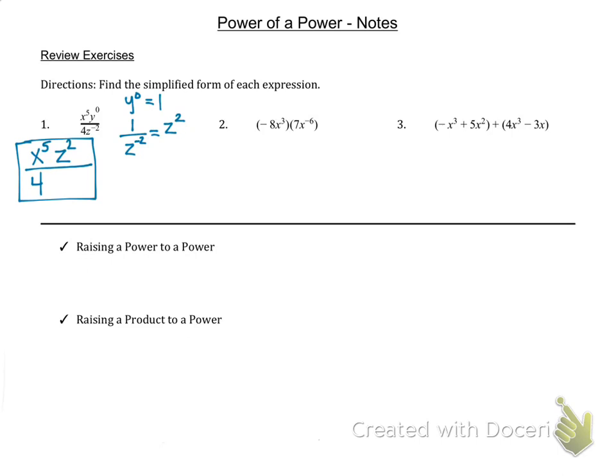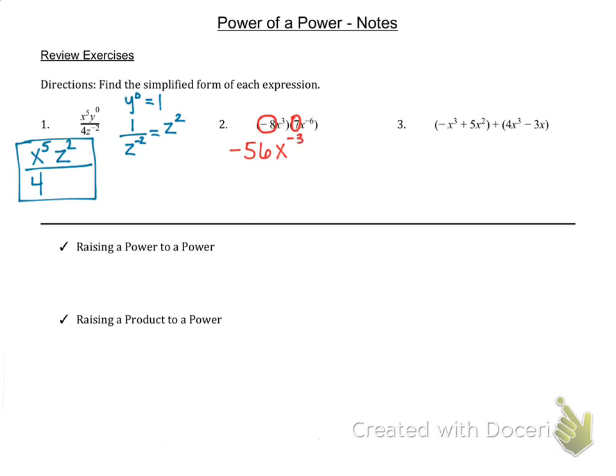Number 2. So I'm multiplying both of these powers. So first I'm going to multiply the numbers in front of the variables. So negative 8 times 7 is a negative 56. And then I'm going to add the exponents because they have the same base. So 3 plus a negative 6 is a negative 3.